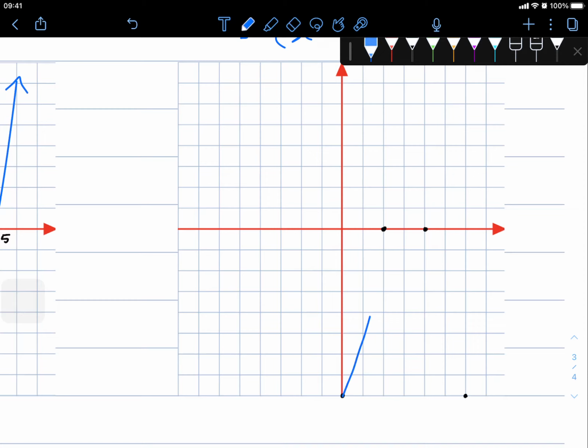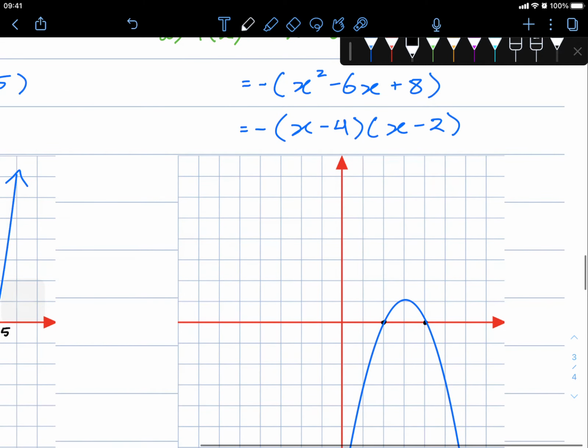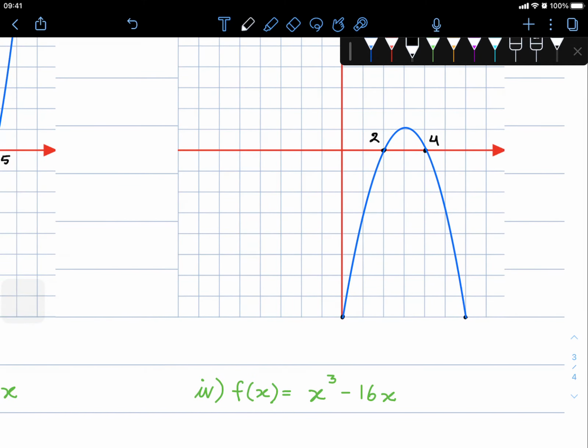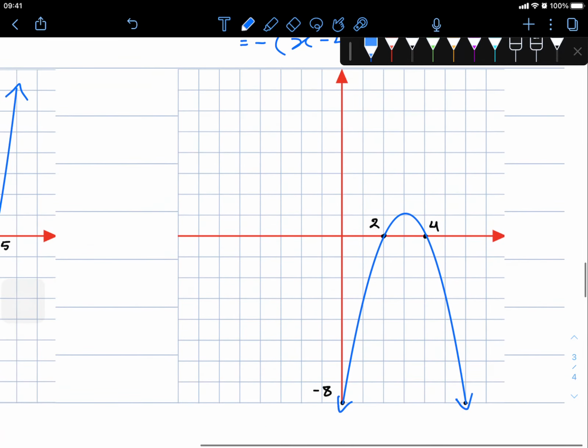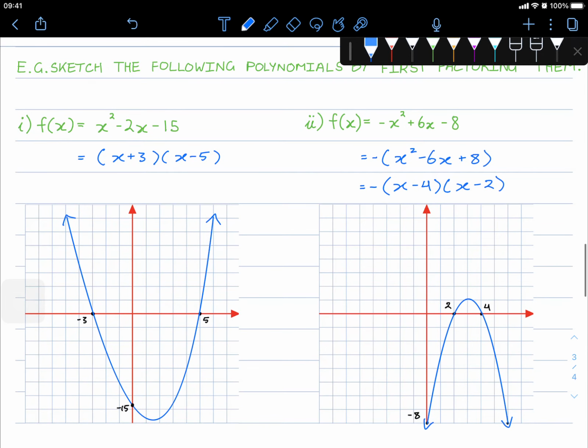And we can actually make this perfectly symmetrical. That is actually a perfect sketch of the parabola. So this is going to be at, whoop, that's not 4, that's going to be at 2, 4, and that point there is going to be -8. And there we have a sketch of these polynomials.